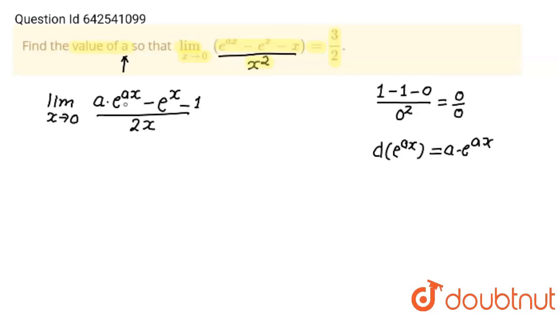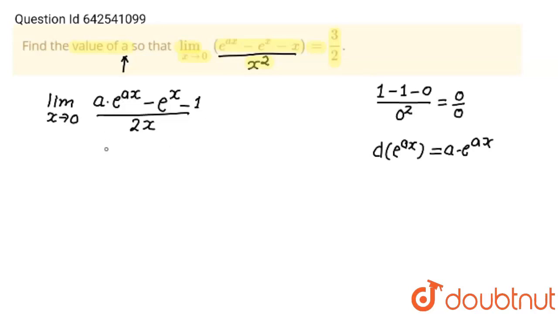When you put x tends to 0 over here, what will we get? Let's see. Here we will get a into e to the power a into 0. A into 0 will be 0, e to the power 0 will be 1.